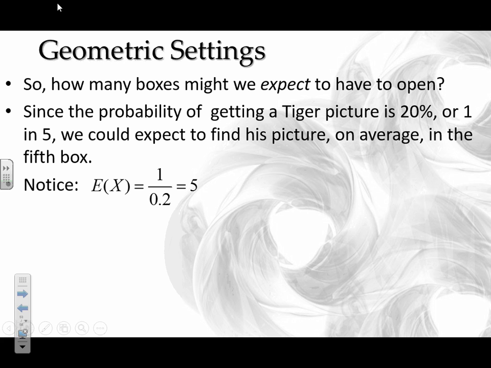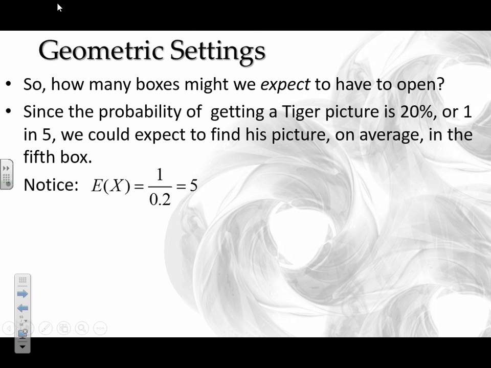If we want to determine how many boxes we should expect to open, we simply need to work with the probability of success. So when we look at this, 20% was 1 in 5, so we should expect to see a Tiger Woods card about every 5th box.